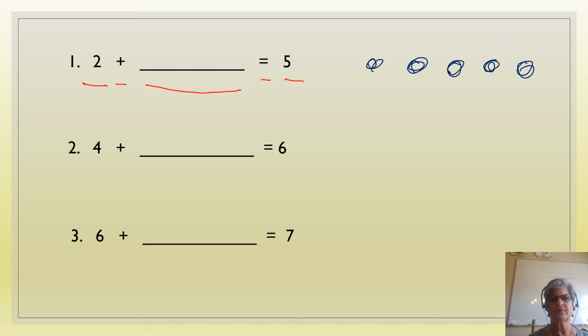Thank you. Now, do you see how the first number is 2? You guessed it. Take a different color crayon, and we're going to cross out 2. You ready? 1, 2. Make sure you've crossed out 2 of your circles, and I will wait.